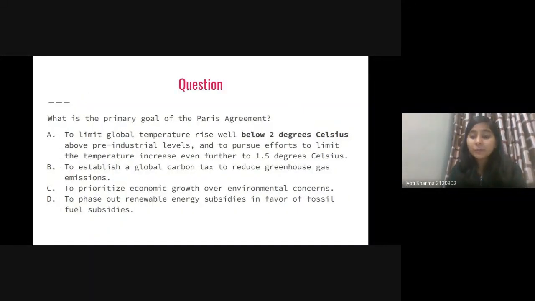Okay, so we talked about the Kyoto Protocol. Now we have the another agreement, that is the Paris Agreement. So you have to tell me what is the primary goal of the Paris Agreement.